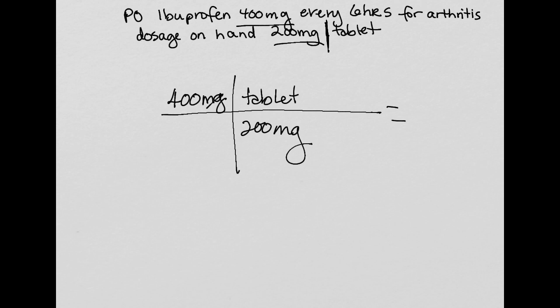And again, we're crossing out our conversion here, which is what we want because we need to end up with how many tablets we're going to give. So 400 divided by 200 is going to be, what? You can actually take out the 0s, 4 divided by 2 equals 2. So that's 2 tablets. That's the one-factor medication problems.